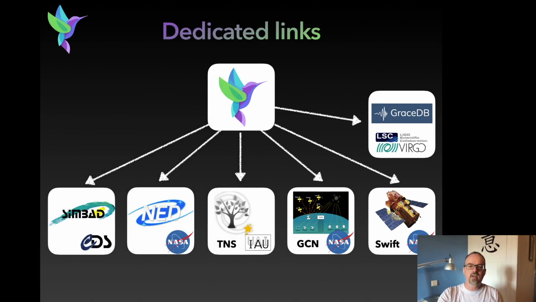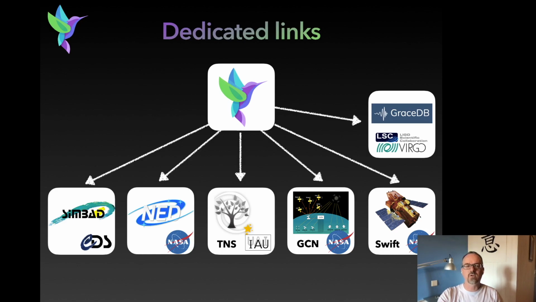And then we have a set of dedicated links that depend on the event and the nature of the event itself. These can point to the SIMBAD or NED databases, to the Transient Name Server, TNS, for FRBs and tidal disruption events, for example, and to the well-known archive of the Gamma-ray Coordinates Network for GRBs, neutrinos, or gravitational waves.